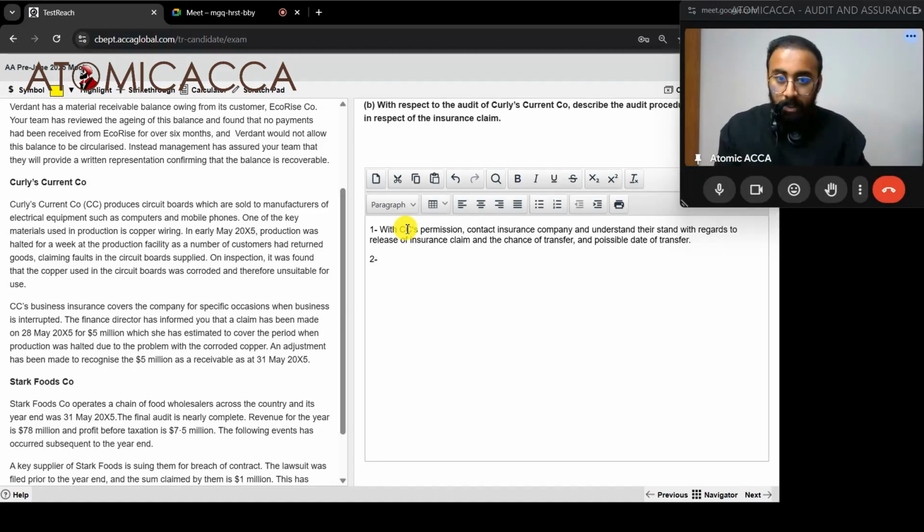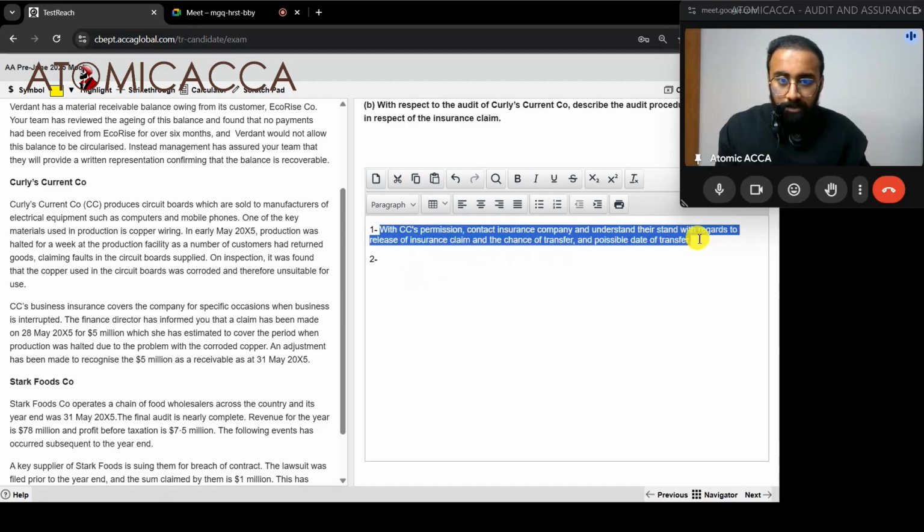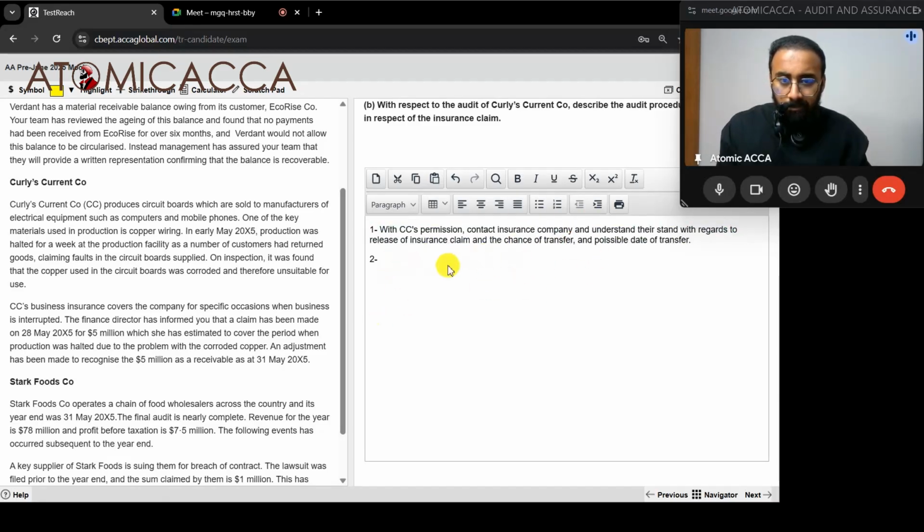Second thing, I can do a continuation of this, like a different procedure. Here I talked about the chance of payment. I also want to confirm whether they're going to cover this amount or not.